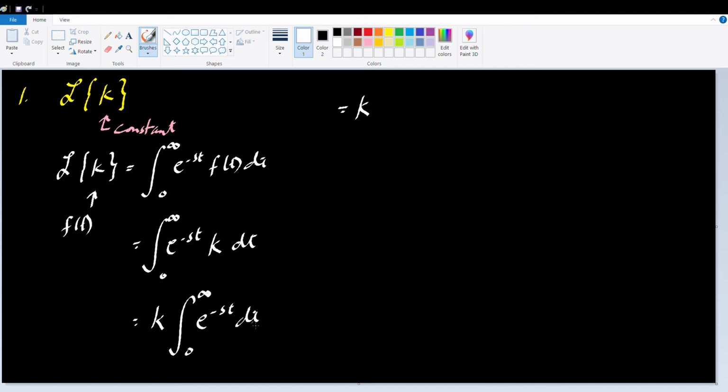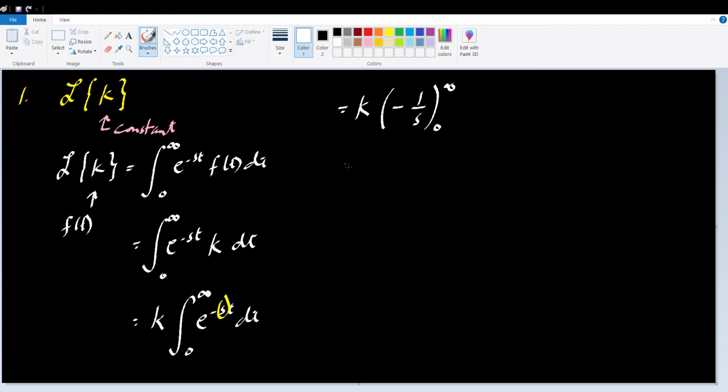Integrating e to the negative st dt, we have negative 1 over s. s is considered as a constant, since we are integrating with respect to the variable t. So the integral of e to the negative st dt is negative 1 over s times e to the negative st, from 0 to infinity.